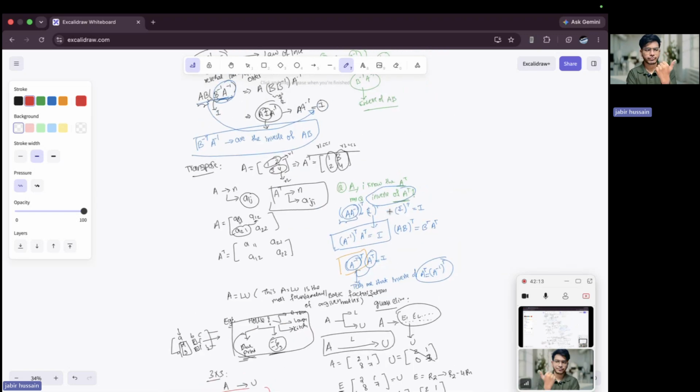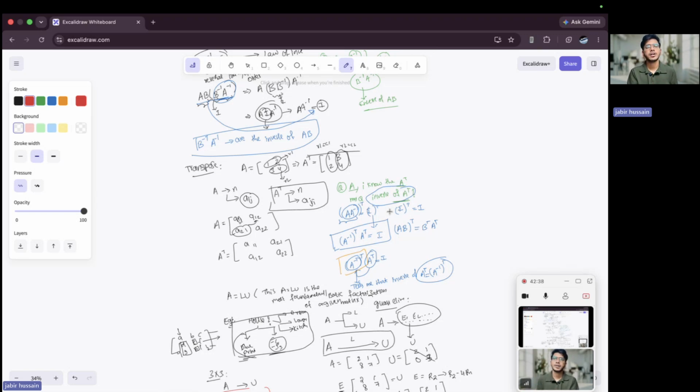First, we have studied how to find the inverse of two multiplying matrices, and how to find the inverse of a transpose. After that, we have talked about how you can break a matrix into its factorization, into its most fundamental parts, which is LU. And what is the meaning of A equals LU?